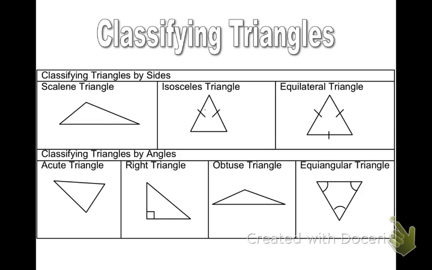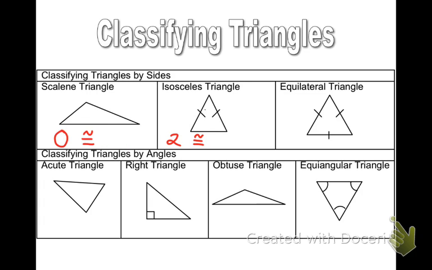Okay, so here we go. 4.1, classifying triangles. Please fill these into your notes. We have three different ways to classify triangles by its sides. A scalene triangle means that our triangle has no congruent sides. So you can write in the box that there are 0 congruent sides, which would be my shorthand notation, or you can write it out if you want.